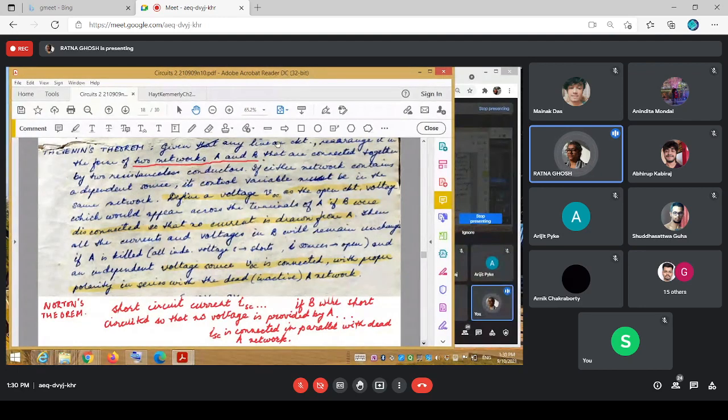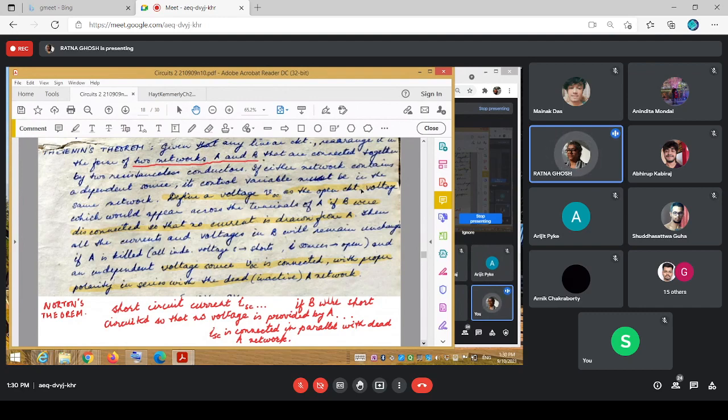So you're just bifurcating the linear circuit into two parts. One is the supply part, and this would be the load part. If either network contains a dependent source, either part A or part B, the control variable for that dependent source must belong to that same part. Supposing there's a dependent source in A, its control variable should also be in A. Same for B.